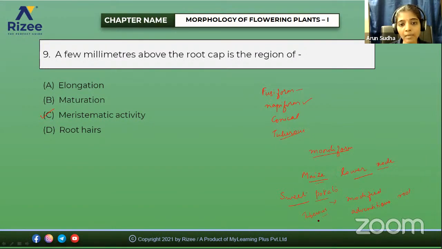Option C is the correct option, that is place of origin. So you are clear, right? Place of origin. Because the taproot system arises from the radicle, but these adventitious roots arise from any other part. So by the place of origin is the correct option.